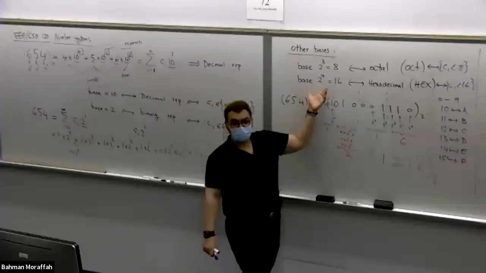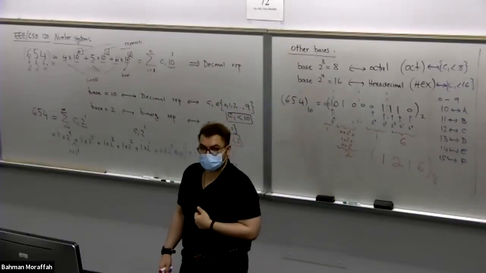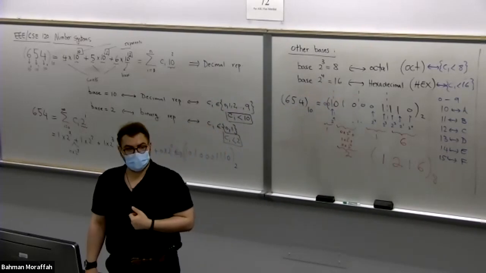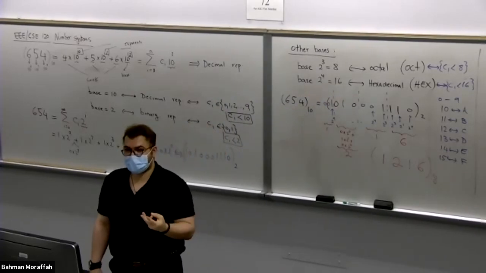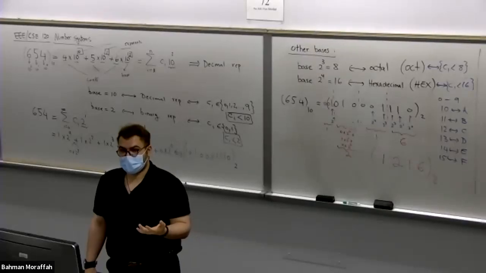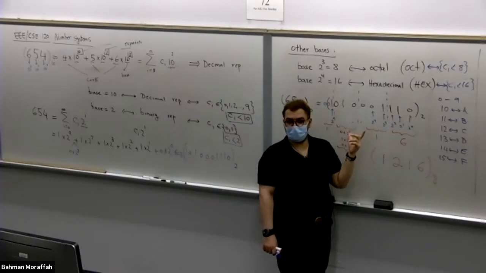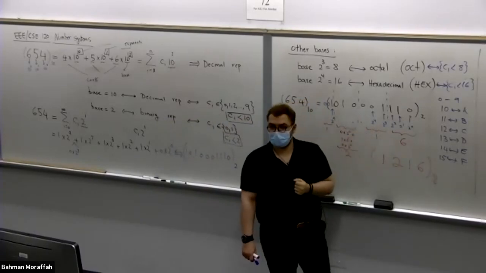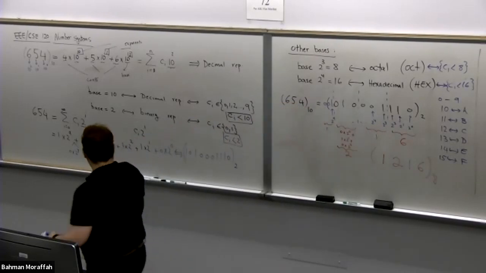How about the hexa? Can I do the same thing? Yeah, of course I can. It's just a multiple of 2. But instead of 3 bits at a time, I have 4. So instead of dividing by 3, I have to divide by 4, and then write that representation. So let me do that.